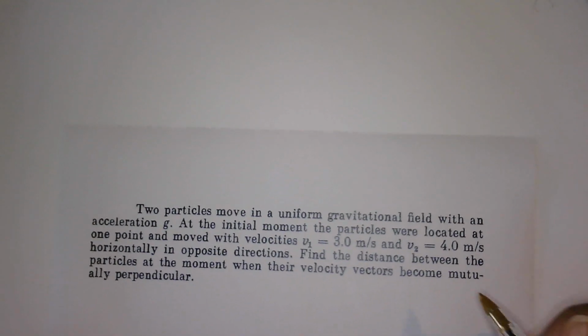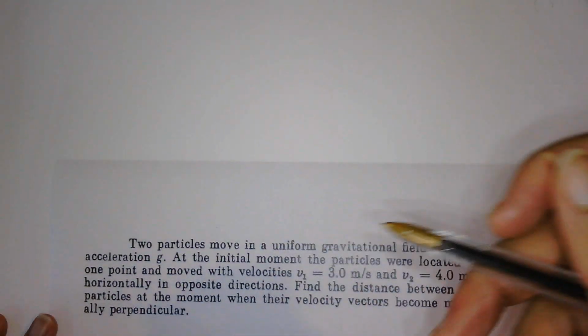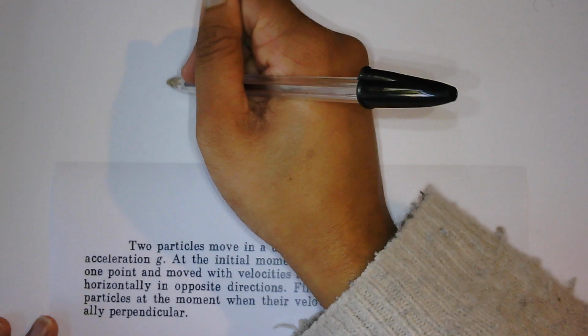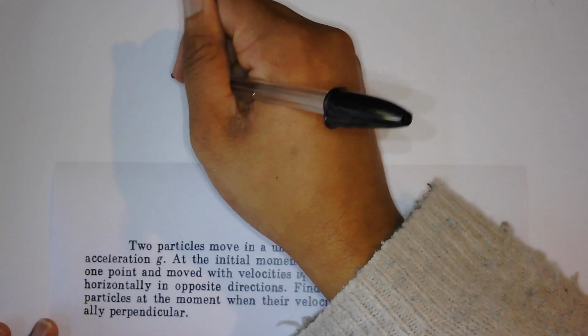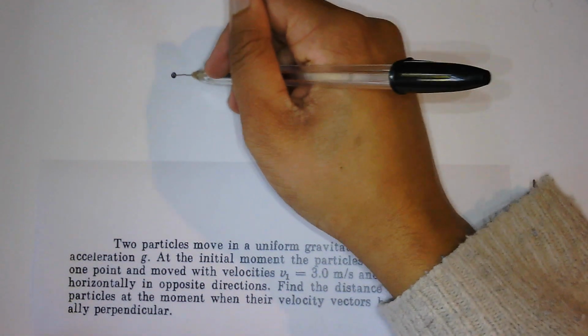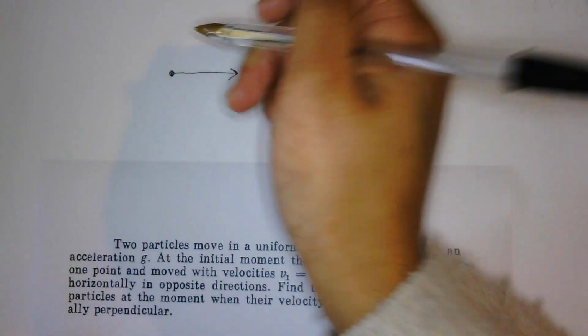So we can draw a diagram to represent this problem. So if we say that this is the point where both the particles start off at, and we know that one particle moves in one direction, so I'll say this way, and the other particle moves in the opposite direction.